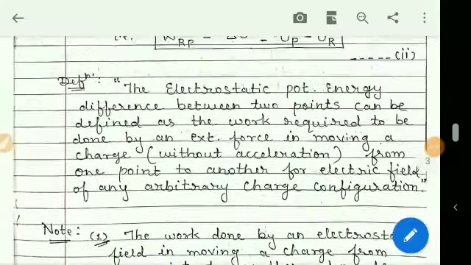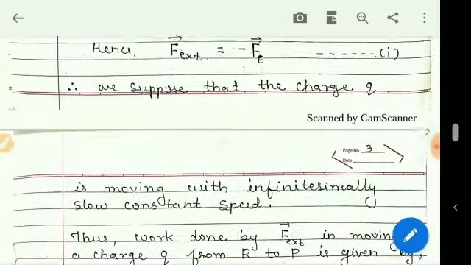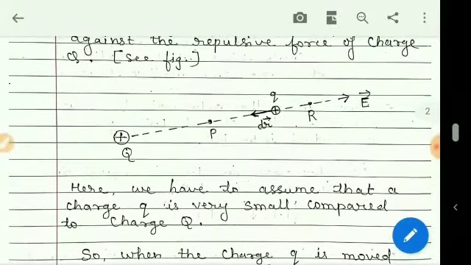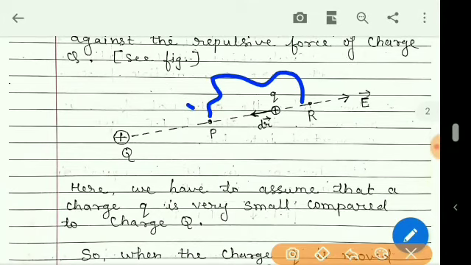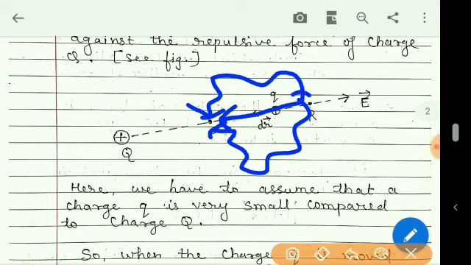This means that when the charged particle is brought from its initial position to final position, the path is not important. You can see here we can choose various paths and can reach from R to P. We can move in a straight path or in a curved path or in a zigzag path. But this work done, and so the potential energy, does not depend on the path. It only depends on the initial position and the final position.